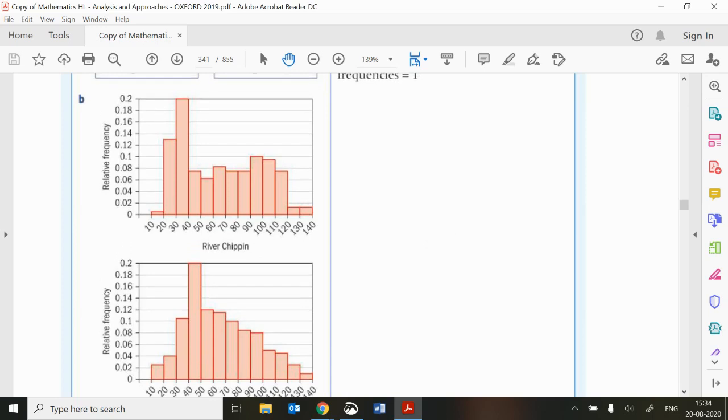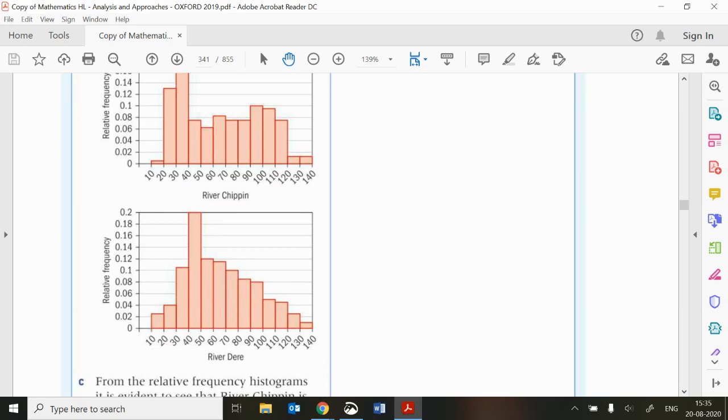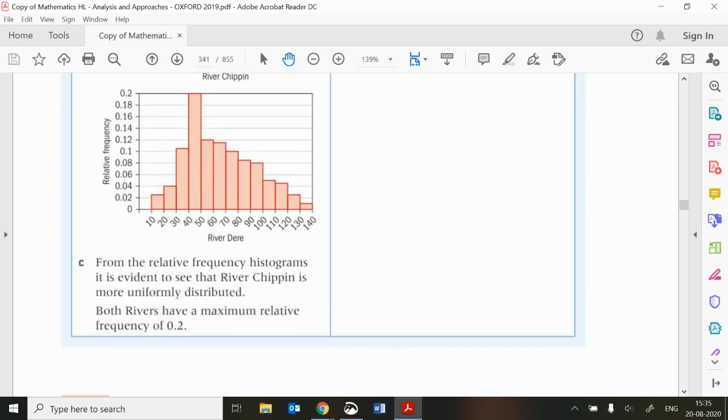Arguably bimodal, but definitely there's a lot of fish in the smaller category, and then quite a lot of fish as well near the 100 centimeter category too. So there seem to be maybe two different populations of fish there, whereas there seems to be a more homogeneous population of fish in the River Dere.